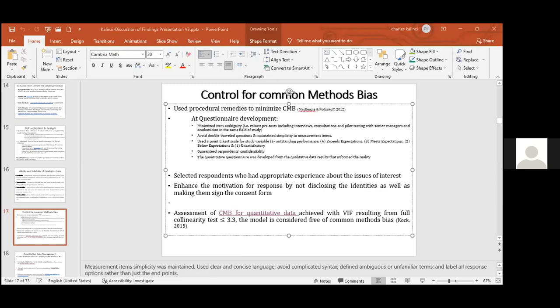These are the slides for validity and reliability, Chair, which I'm sharing. I hope you are seeing that. We have not seen the results. Unshare and then share the new file.